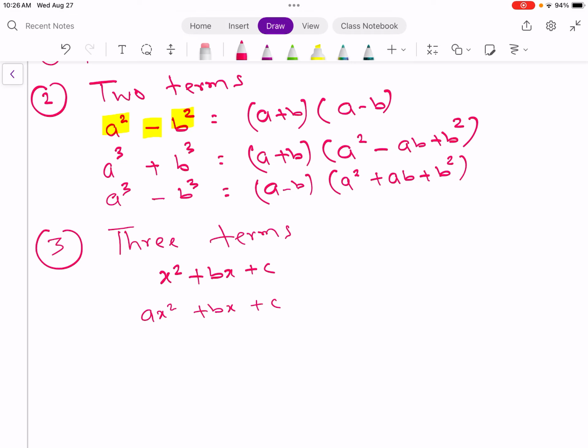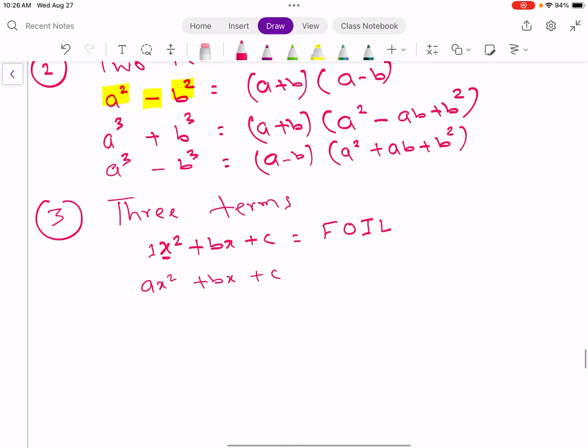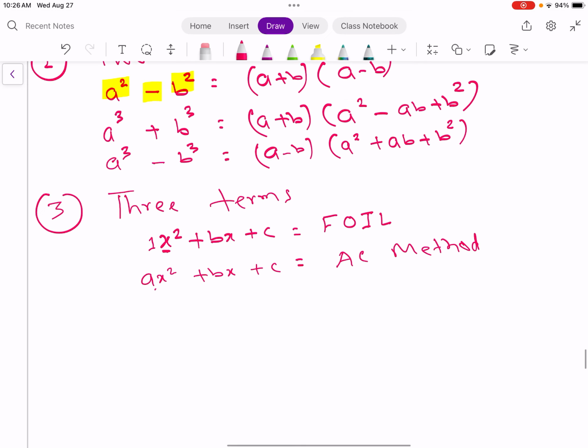Have you heard of quadratic form? These two are quadratic forms. If your trinomial is a quadratic and you are asked to factorize, then if the coefficient of the square term is 1, we use the FOIL method. And if the coefficient is other than 1, we use the AC method. We will do an example. So this is the case if we have 3 terms.